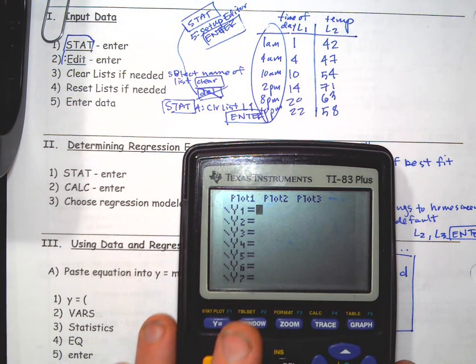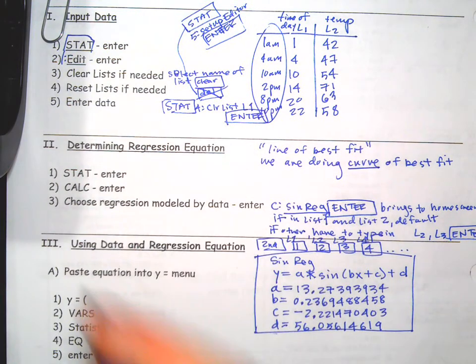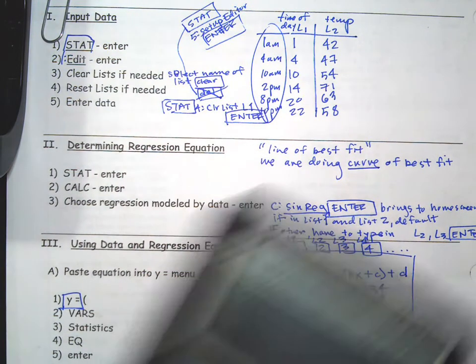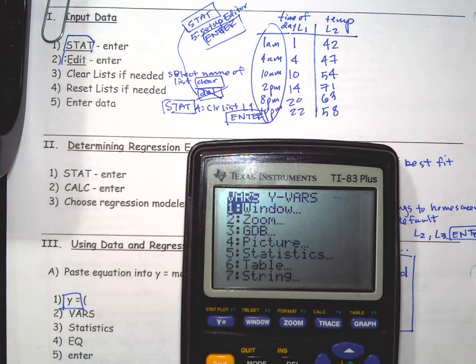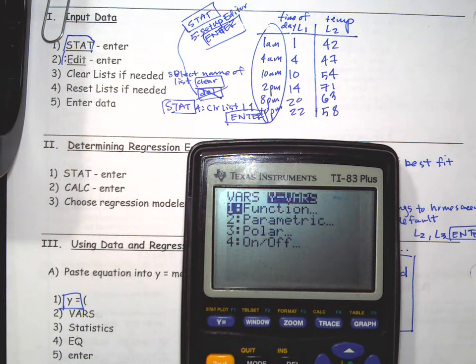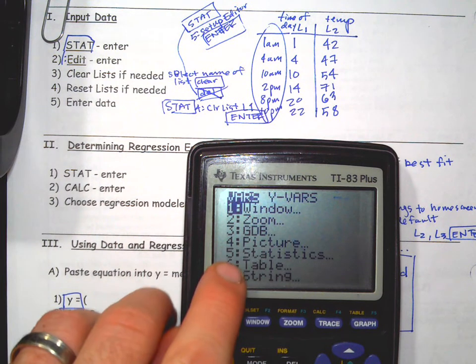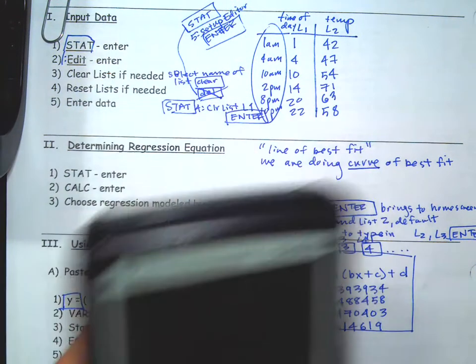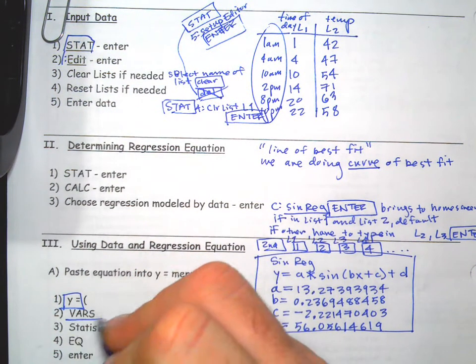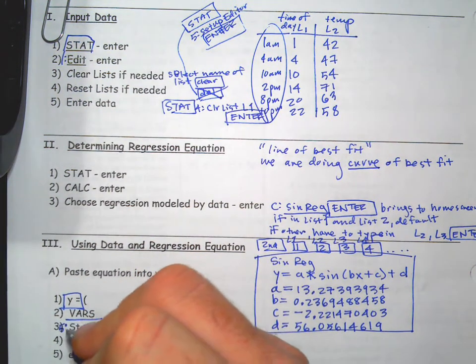So the way you do it is we're going to go to the Y menu, okay? And we're going to go to VARS, which is something we've been using as shortcuts before. And we usually go over to Y-VARS, but we're not going to go over to Y-VARS this time. We're going to go to number 5, Statistics, which makes sense because that's what we're dealing with right now, statistics.